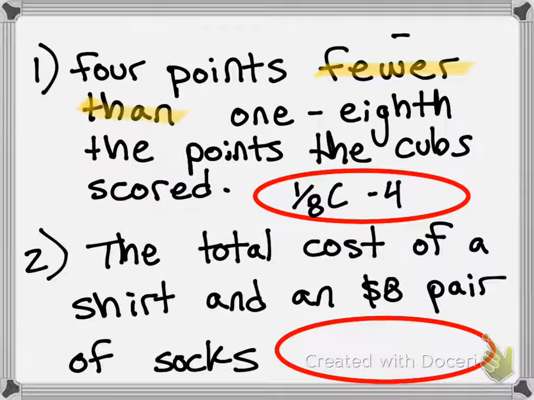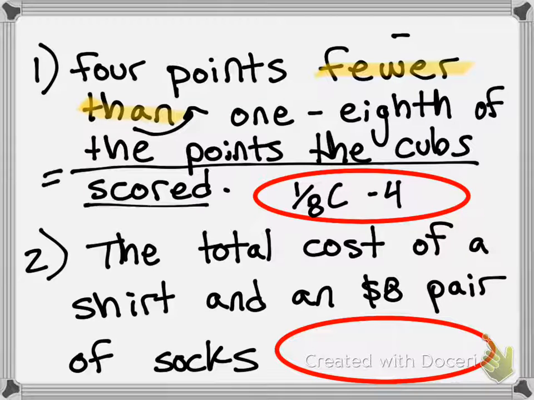Than means after. Subtraction after. And then 1/8 the points. We could say 1/8 of the points, that helps us remind it's multiplication. And our unknown is the points the Cubs scored. So that's how we do it.